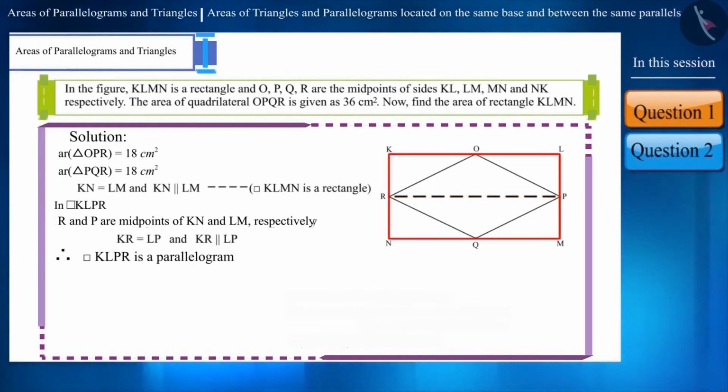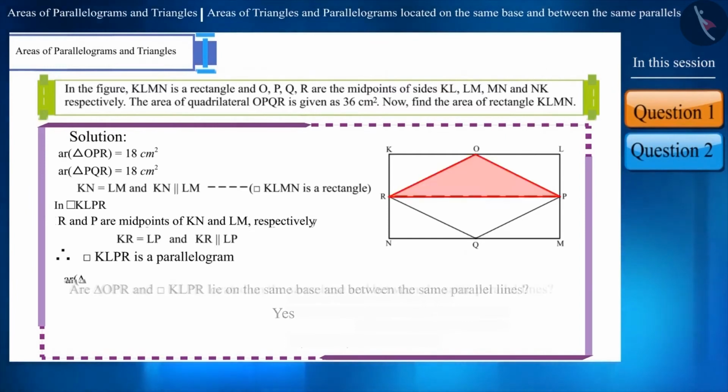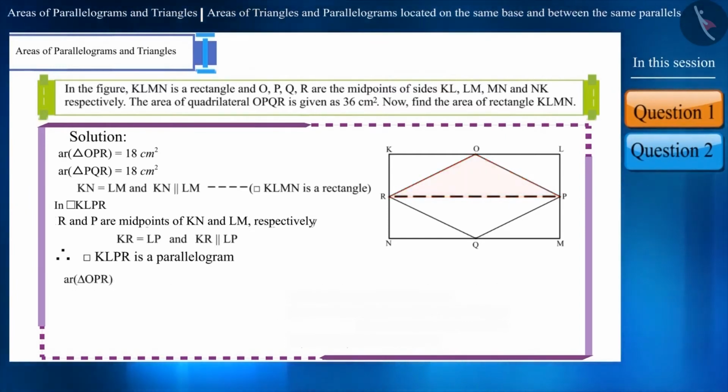In quadrilateral KLMN, the two quadrilaterals formed by joining the midpoints of a pair of opposite sides will also be parallelograms. So, can we say that triangle OPR and parallelogram KLPR lie on the same base and between the same parallel lines? Yes. This means the area of triangle OPR is half the area of parallelogram KLPR.